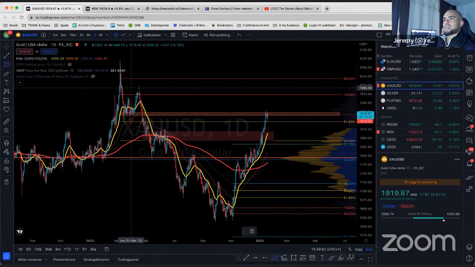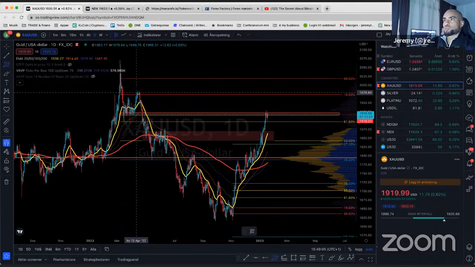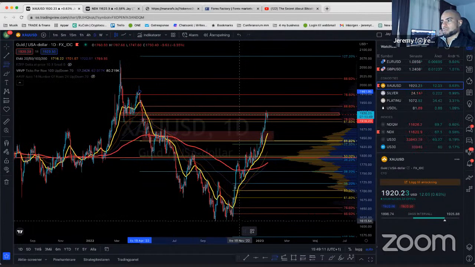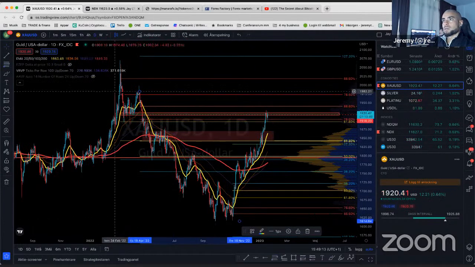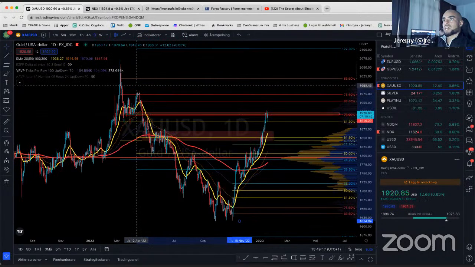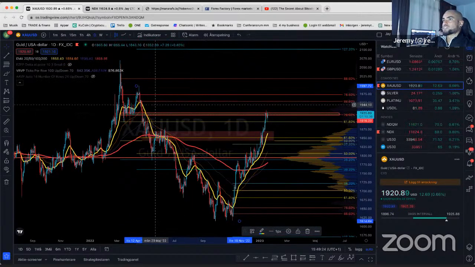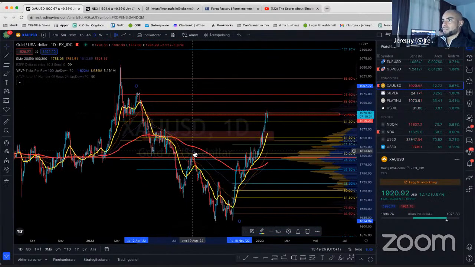And if we pull Fibonacci from this swing here, oh, that was wrong, but let's pull it anyway, all the way down to that top. What we then see is that we just entered the supply zone of the swing, all right?